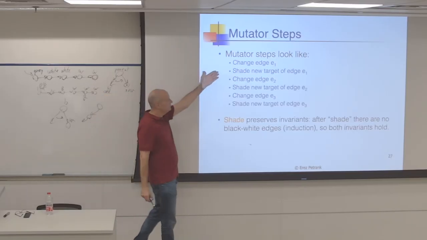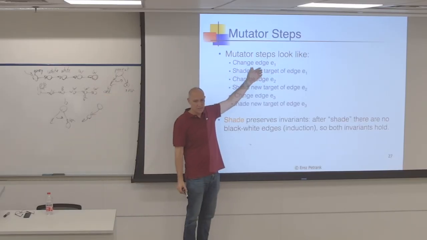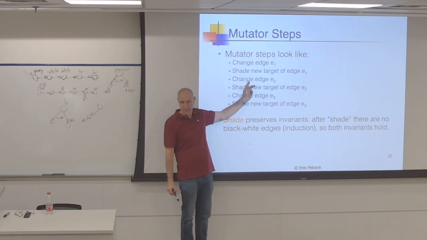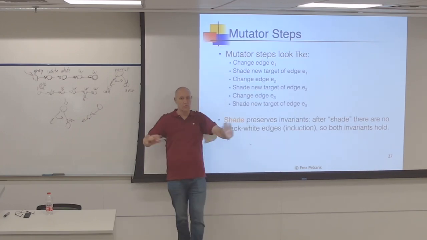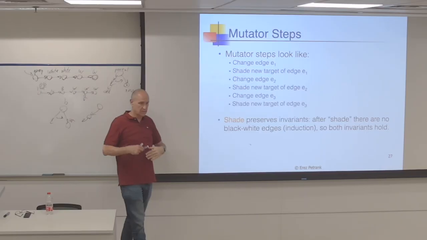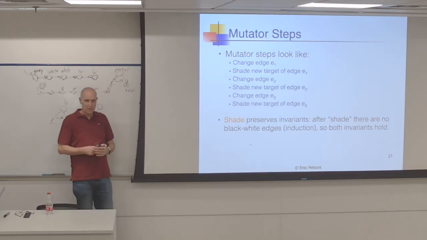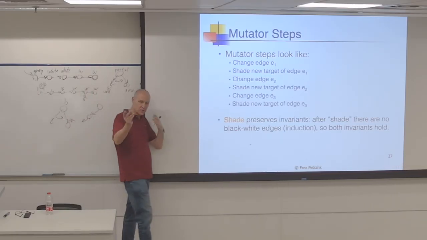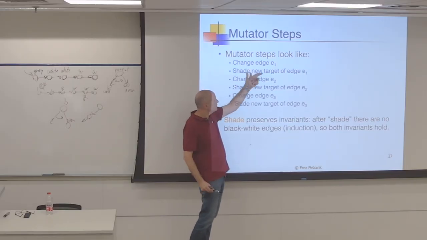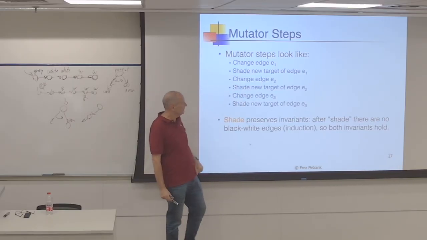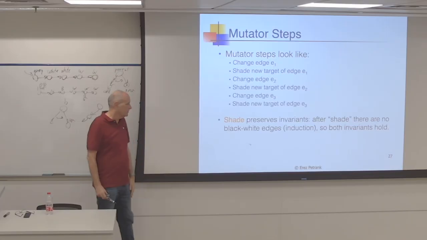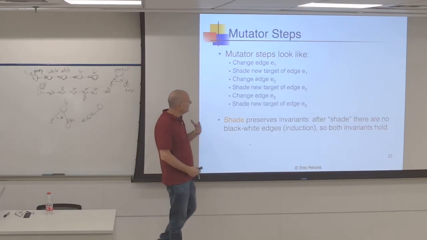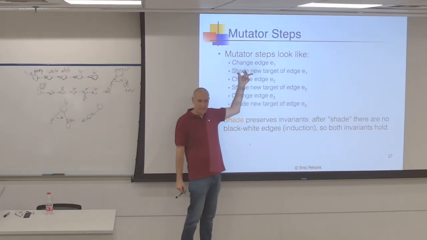So what does the mutator do? It just chooses an edge, it changes it and shades it. Chooses another edge, changes it and shades it. This is all it does. Remember, we're in a graph abstraction. There's no allocation, no integers, nothing. You just change an edge and you shade the target. Change another edge, shade the target. So the shade does not kill the invariant.